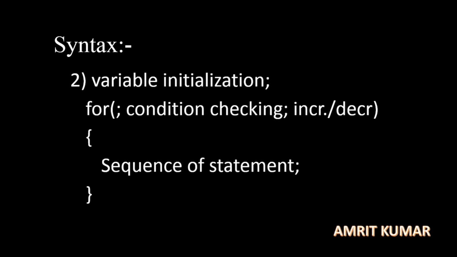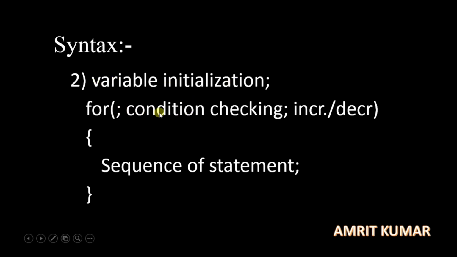Here we have another syntax that we can use in the for loop, that is initializing the variable outside of the parentheses. How can we do this? In this way, we initialize the variable first. Then you use the for, and you must use the semicolon here, also in place of the variable initialization.